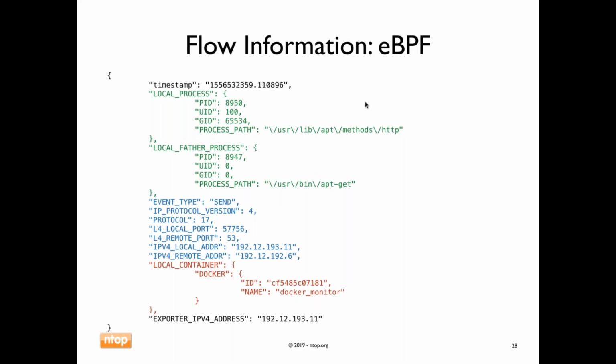More in detail, as you can see, the information is divided into a few parts. In the green part, you will see information about the processes, so about who's doing what, meaning what process is creating a certain communication. In the blue part, you will see standard data that you expect to see with NetFlow or IPFIX, basically the 5-tuple. And in the red part, you will see information about the container, so what container is generating what information.